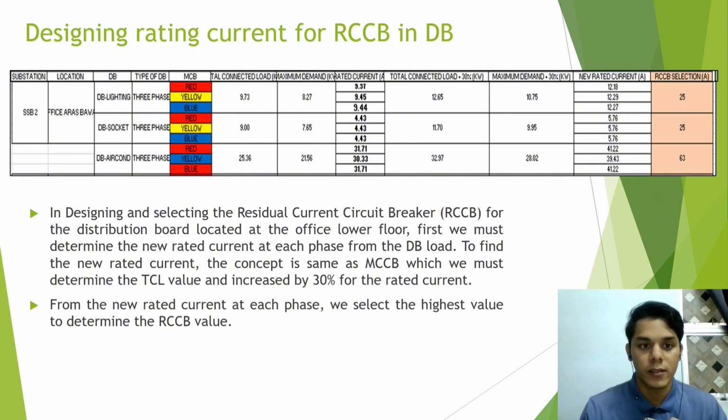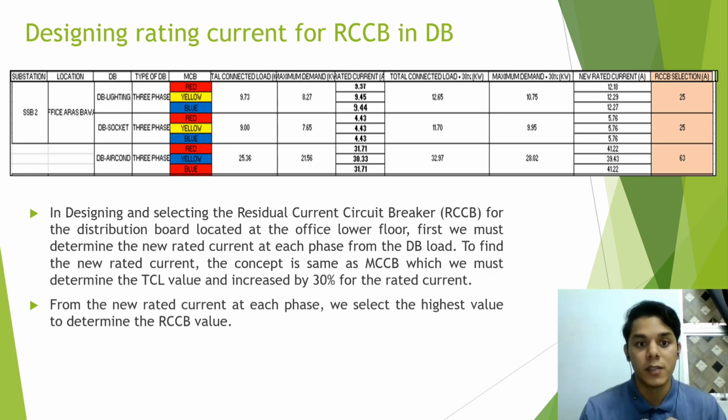As you can see from DB lighting, the highest new rated current is 12.29 ampere, and we choose the RCCB rating current of 25 ampere.